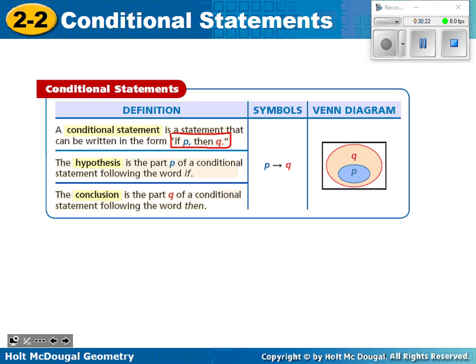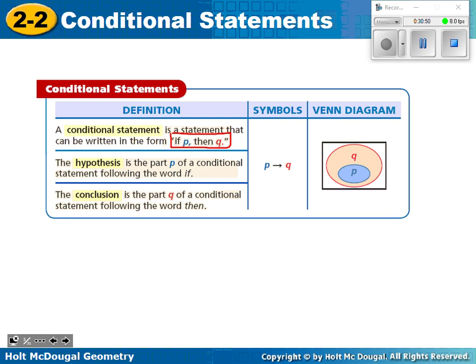But an example would be, if it is raining, then the ground will be wet. Okay, so if it is raining, then the ground will be wet. That is an if-then statement. That's a conditional statement.